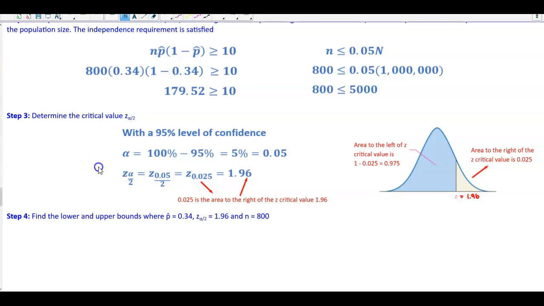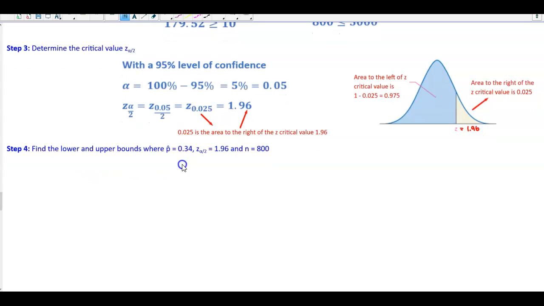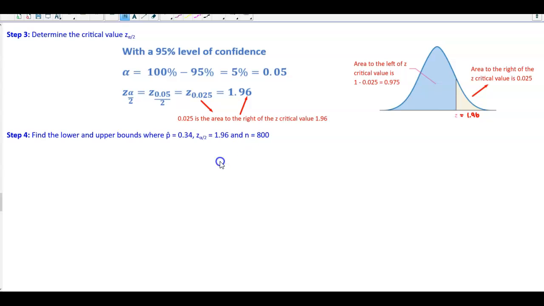Now what we want to do is find the lower and upper bounds, where we know that the point estimate is 0.34. We know that our critical z value is 1.96, and the sample size is 800. So to find the lower bound, we're going to plug in the particular values.